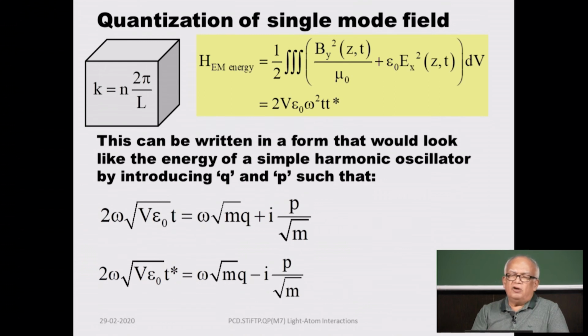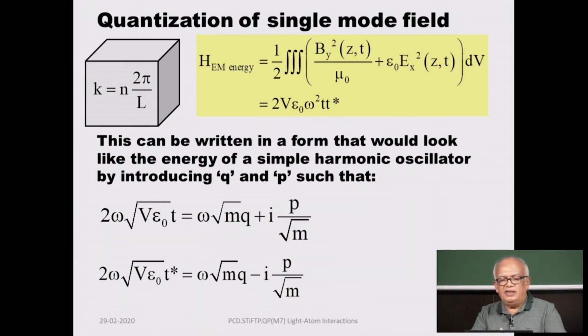and you can write this in terms of the simple harmonic oscillator states by using the position and momentum operators, as we have discussed this idea earlier. So we introduce the Q and the P operators. We define them using this relation that we have over here.